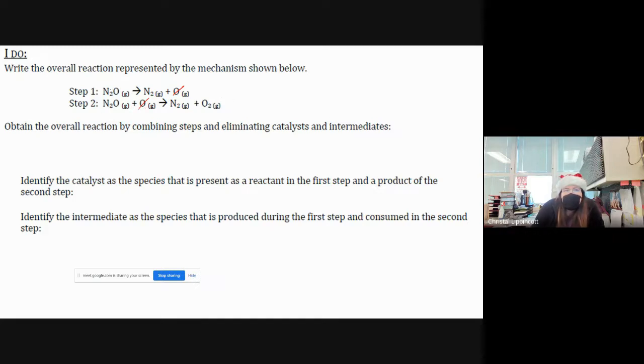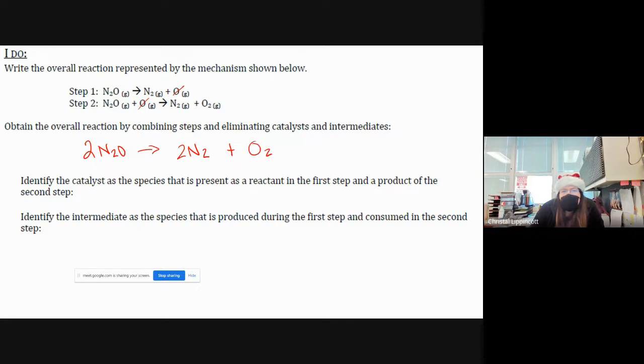Now we're going to combine our reactions together. So these two will come together, and we're going to have 2N2O, and that's all we have on that side. Then we go over here. I have 2 of these, 2N2 plus my O2 here.